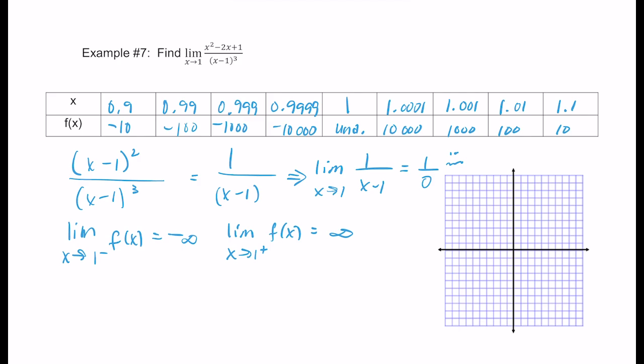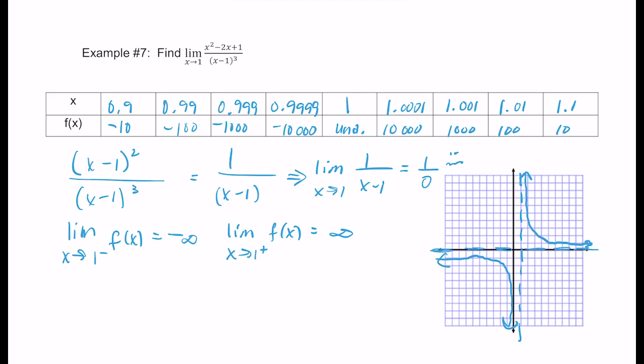If we look at the graph, we know from the last chapter, we're going to have a vertical asymptote at x equals 1. And we know that we're going to have a horizontal asymptote at the x-axis. And the graph's going to look something like this, which you can graph on your graphing calculator, but it'll give you an idea.